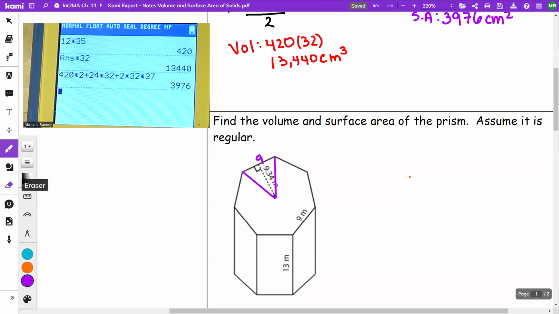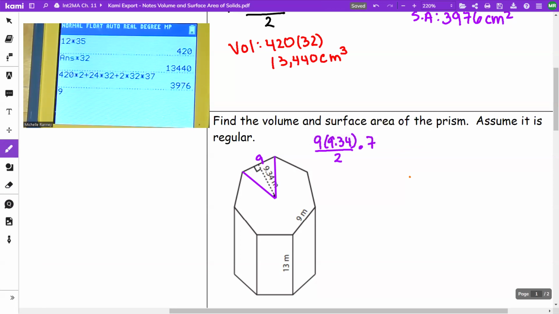So I am going to find the area of that. So I'm going to go 9 times 9.34 divided by 2. That's going to give me one of those triangles, and I have 7 of those. So I'm going to times it by 7.